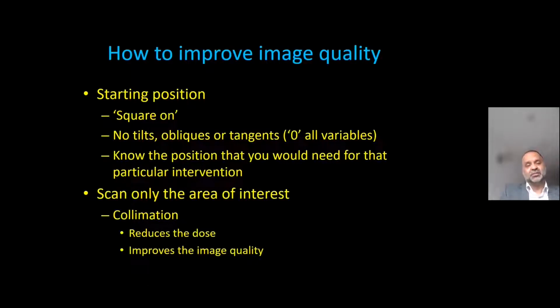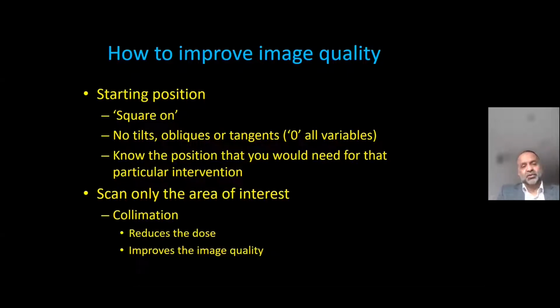I am also going to briefly talk about how to improve image quality. The first thing is starting position, and I will see if I can explain it. So you've got to be square on, i.e. if the patient is lying this way, your C-arm has to be perpendicular in that way. There should be no obliques, no tangents, no tilts on the C-arm.